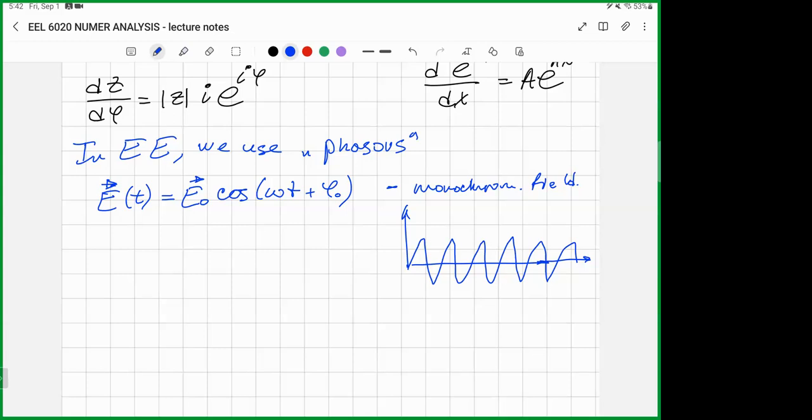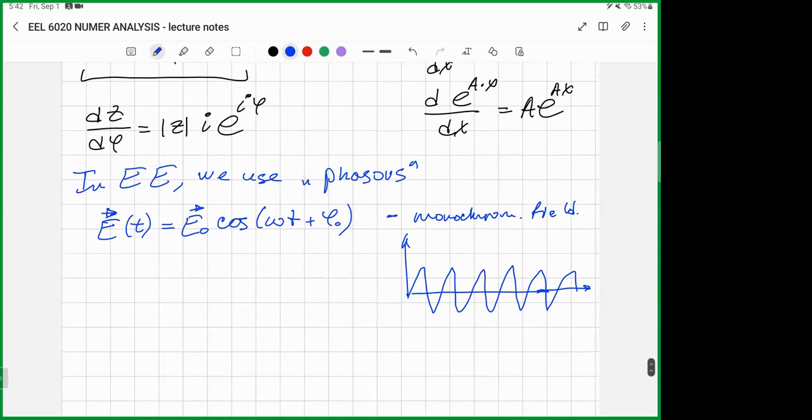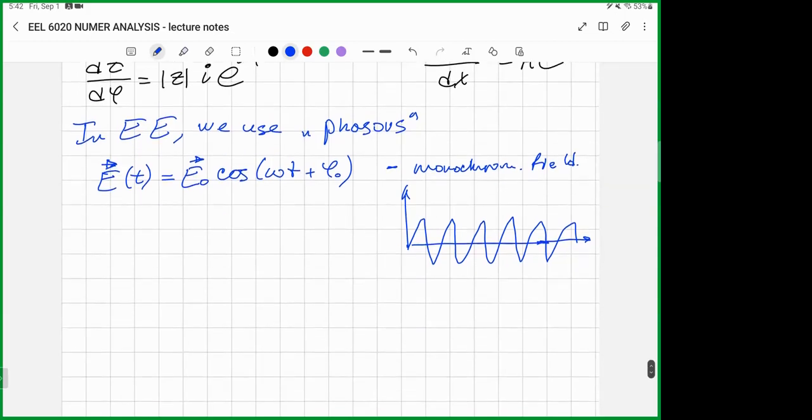And how do we do so? From Euler's formula, e to the power of I phi is equal to cosine phi plus I sine phi. So cosine phi in this formula is the real part of e to the power of I phi.